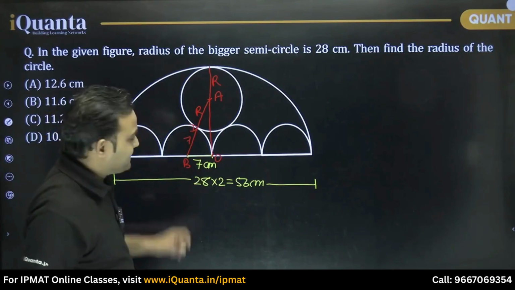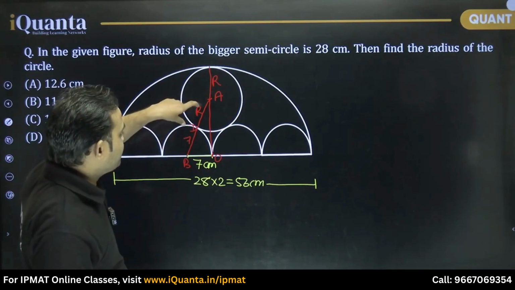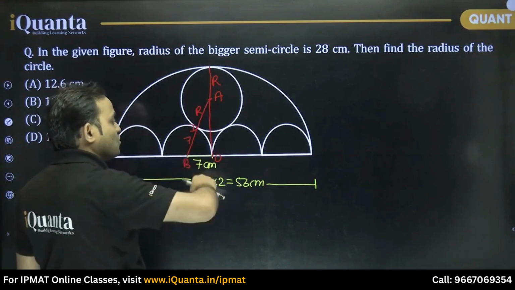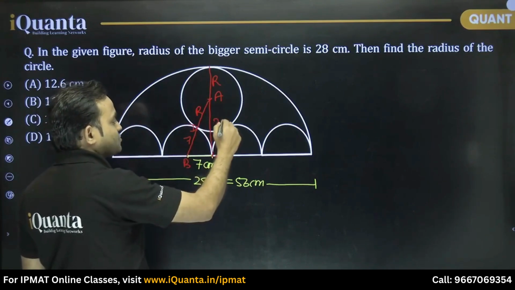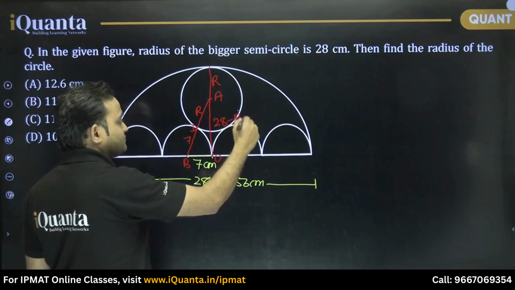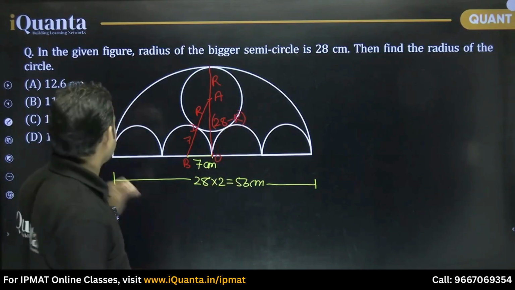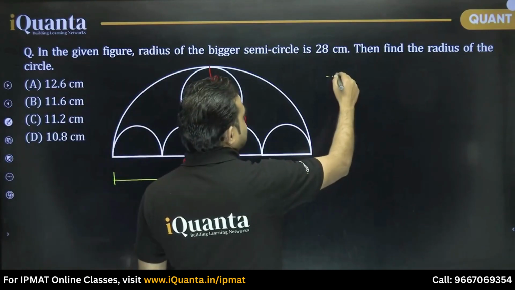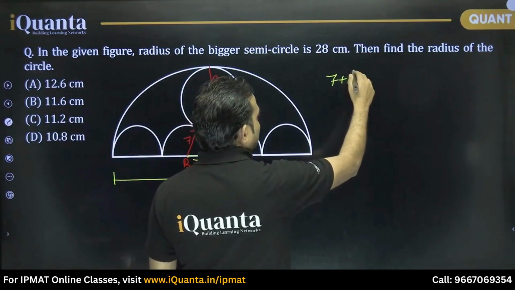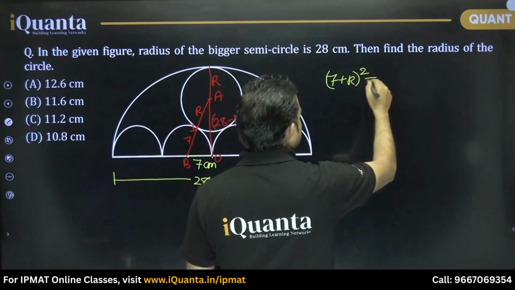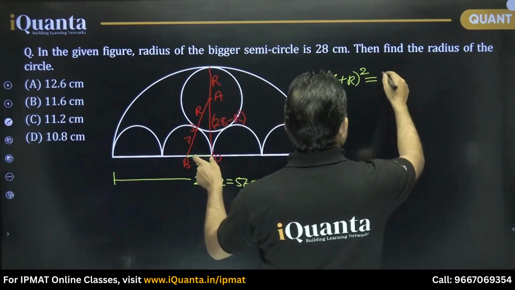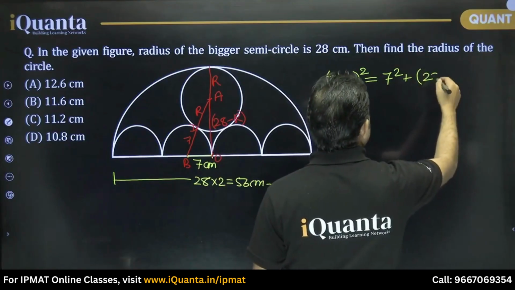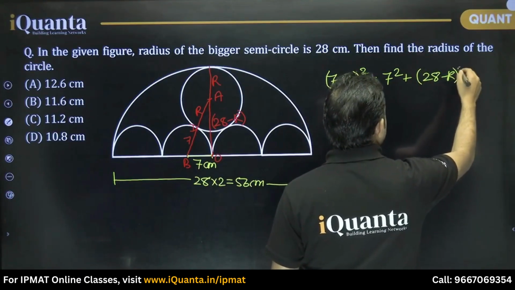BD will be our radius 7, DA will be radius R, OA will be, this whole radius is 28, so this will be 28 minus R. So now you can use the Pythagoras theorem very easily here. Can we say 7 plus R whole square is equal to 7 square plus 28 minus R whole square, right?